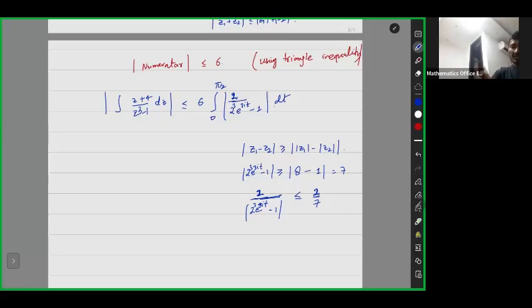So this is less than 6 into 2 by 7 into the integral of dt from 0 to pi by 2. Now it is correct. This integral can be calculated: 12 by 7 times pi by 2, and solving it, we get 6 pi by 7.